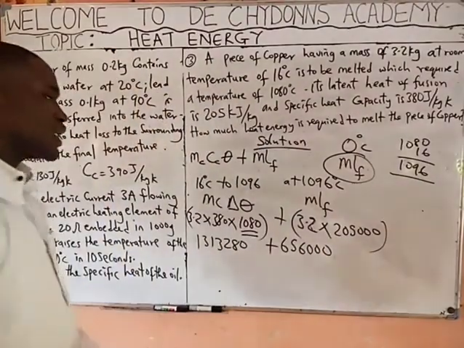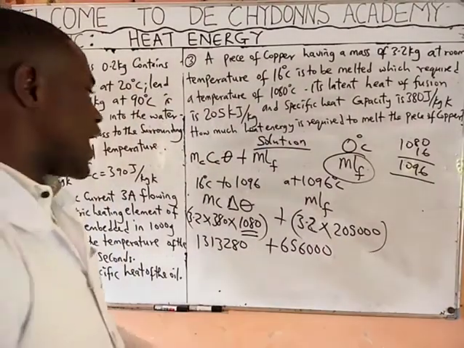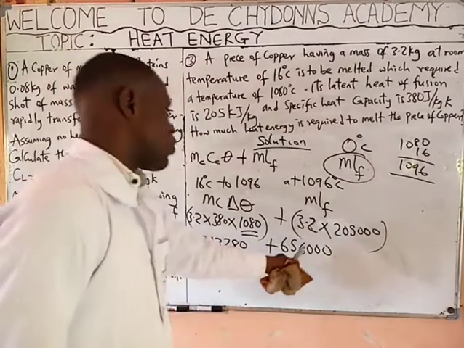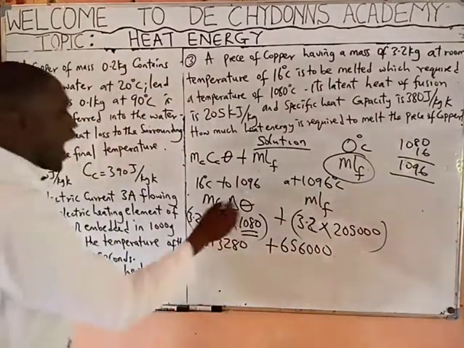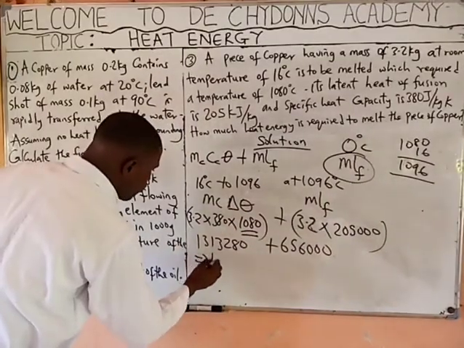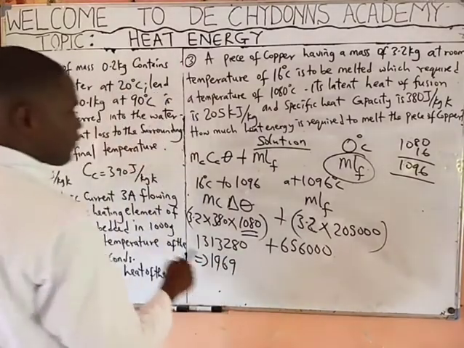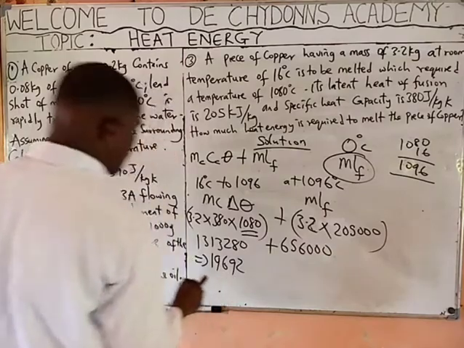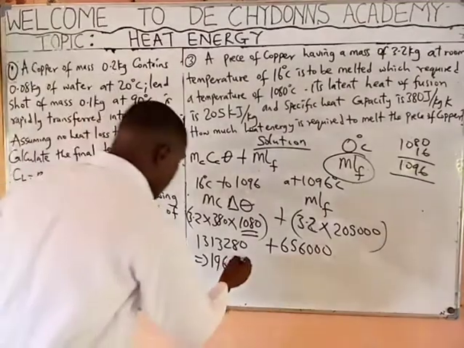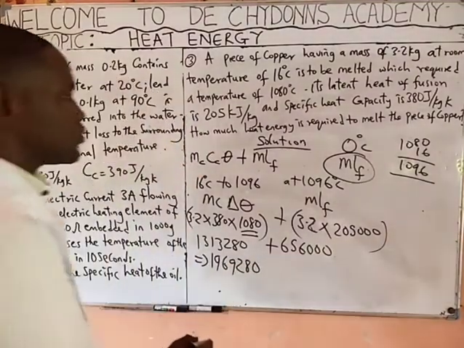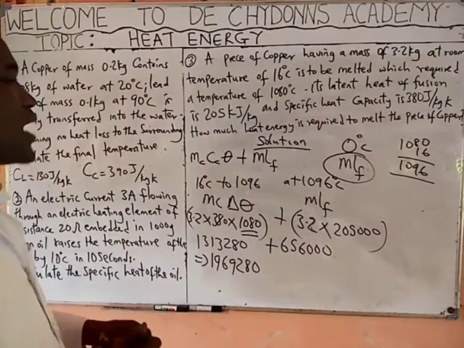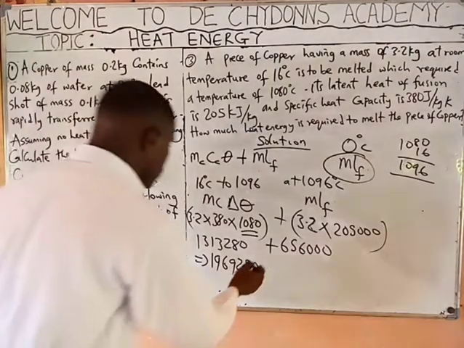Then plus, when you also multiply these two, it will give you 656,000. Now when you add the two, it will give you 1,969,280 joules.